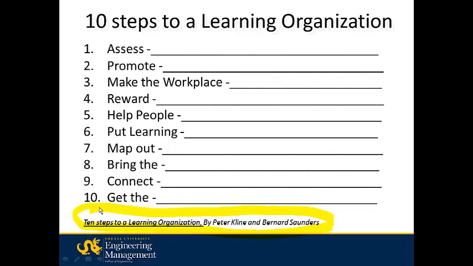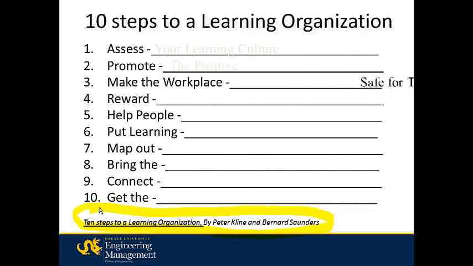So let's get started. First, you have to assess your learning culture. As we described in the ADAM model, the first portion of any system is to do a proper assessment. The second is to promote the positive. Look for how well you and your leadership promotes the positive, provides feedback, and really does not dwell on the negative.